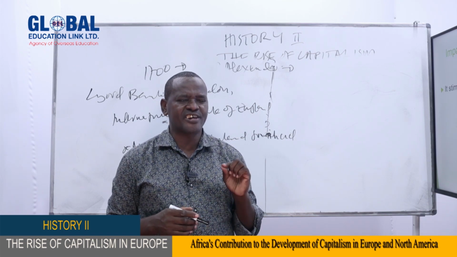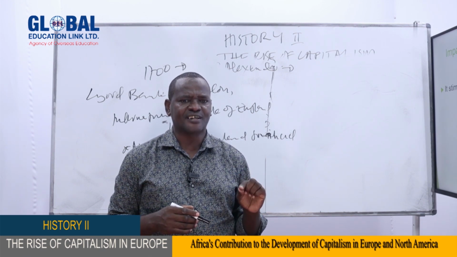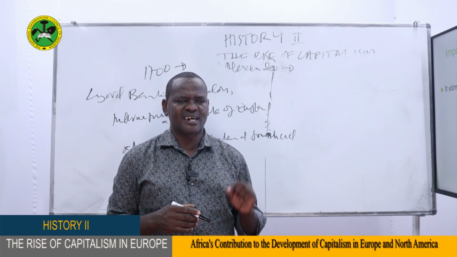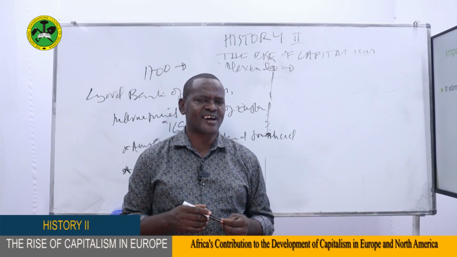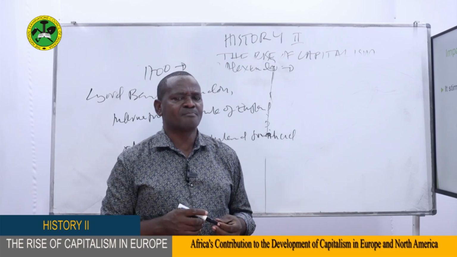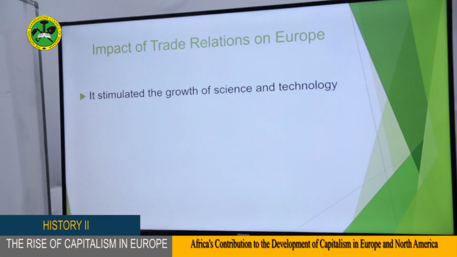So they used the slave ships which carried African slaves as a training ground for their new sailors. So that contributed to the rise and expansion of European marine technology. There was growth of technology because of this triangular trade.